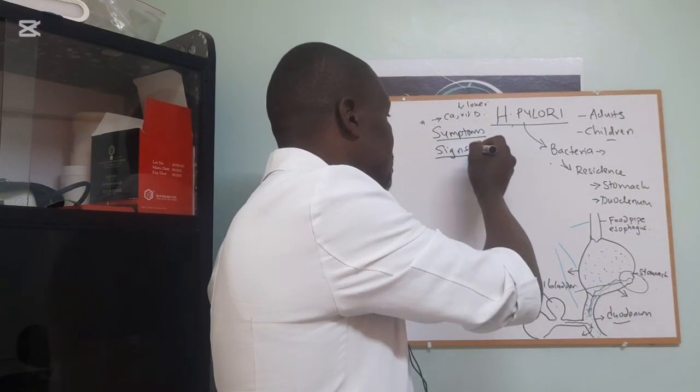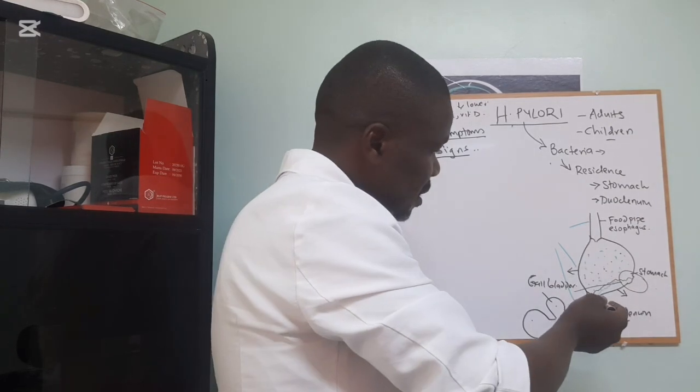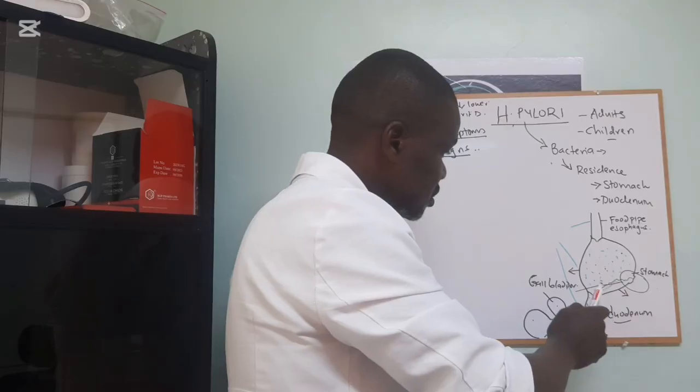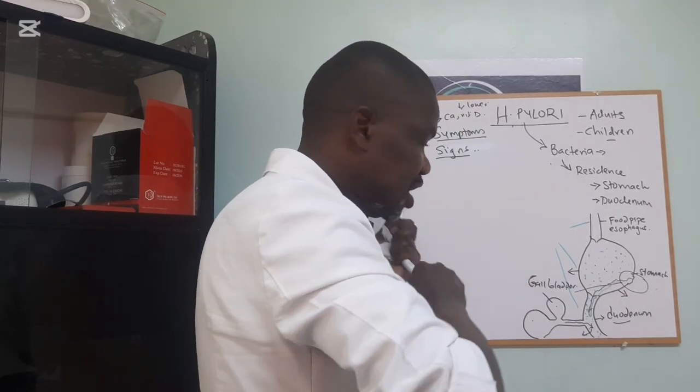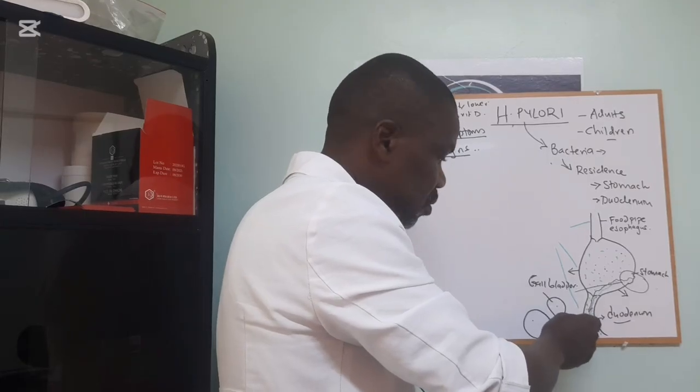One of the things that you might also want to find out when these children come to the hospital, that is when you are doing the examination, and what to expect, and I have seen it happening on several occasions, is that this stomach has been colonized by H. pylori. H. pylori is full here in the stomach and in the first part of the small intestine.